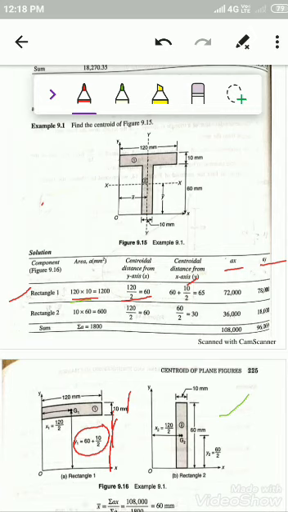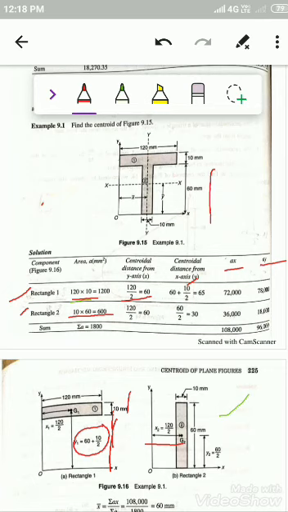Similarly, for the second rectangle, you have to consider the size 60 into 10, since 10 has been taken in the first rectangle. Therefore the area is 60 into 10. And the centroidal distance from the y-axis, the x bar, is 120 divided by 2.